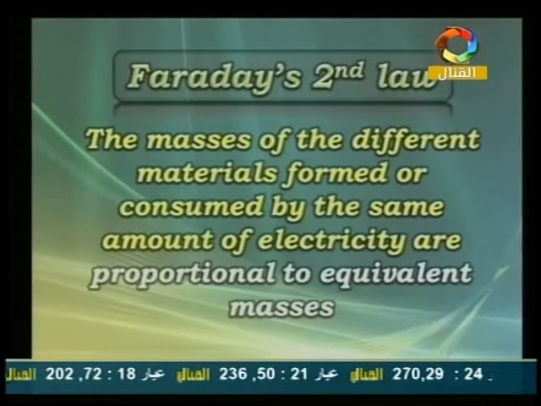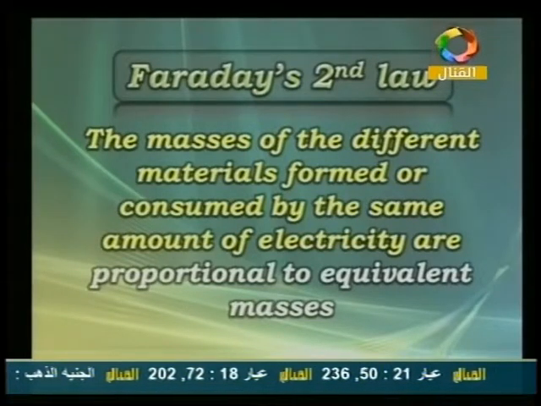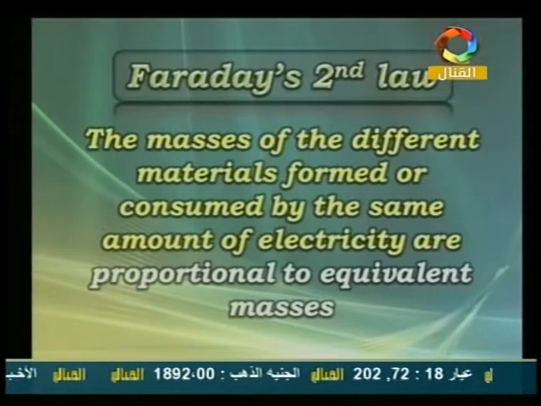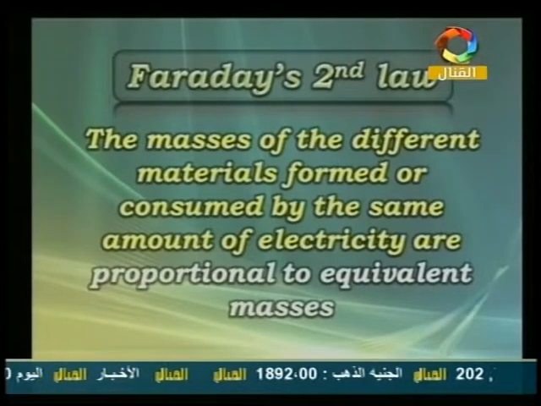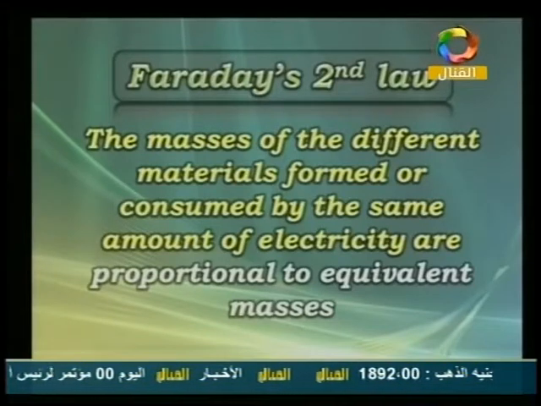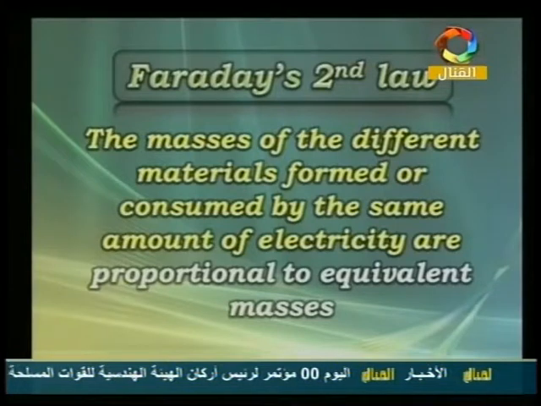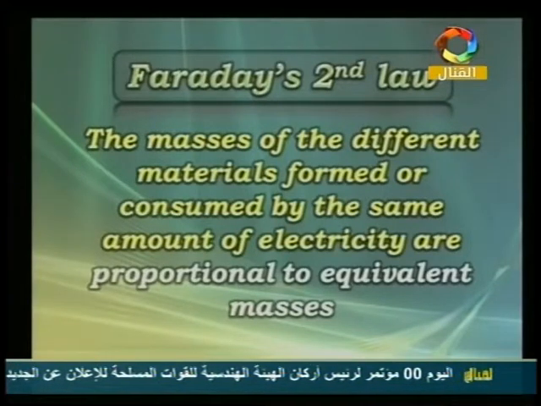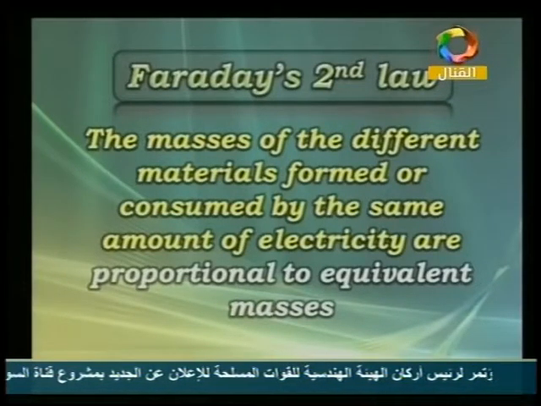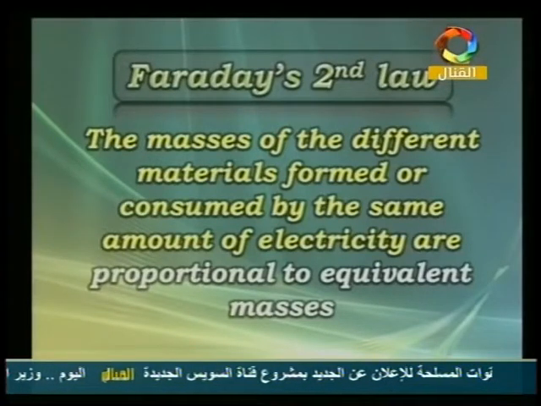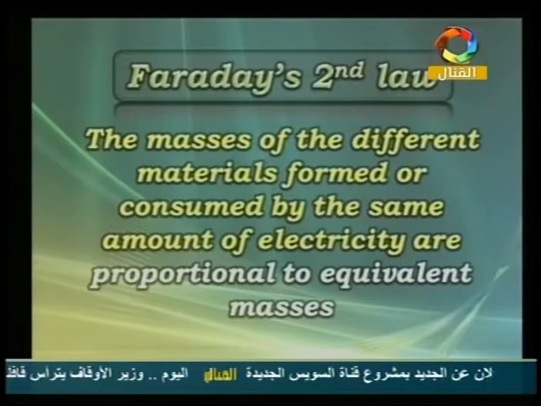So the equivalent mass means the atomic mass or the atomic weight of the atom or the metal or the substance divided by its valency, positive 3, negative 3, positive 2, 1, any one of these valencies.